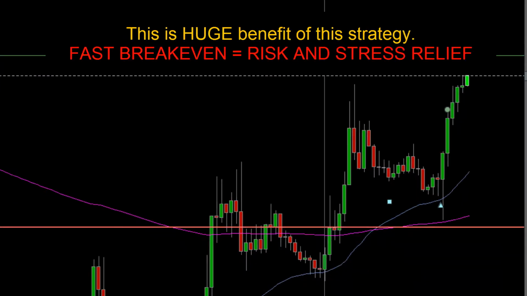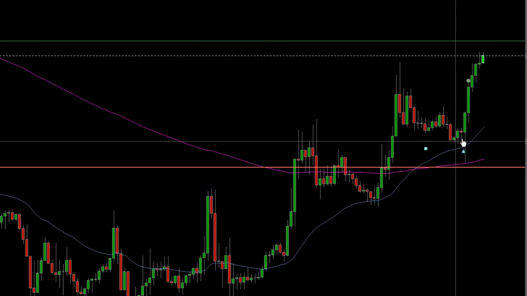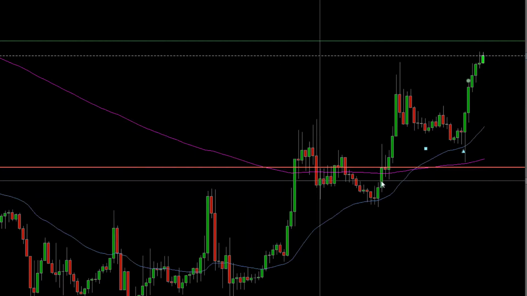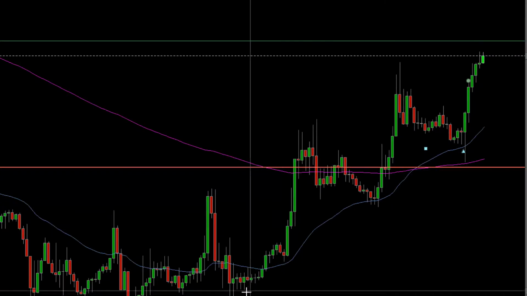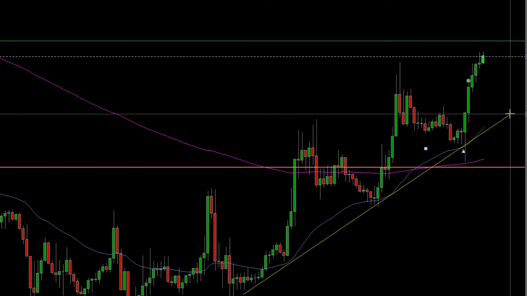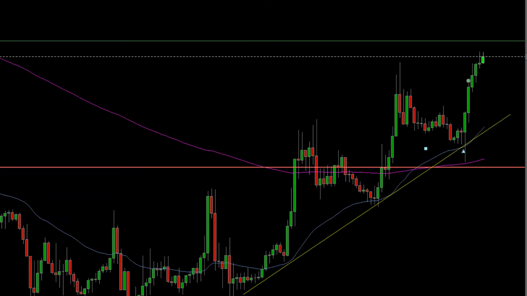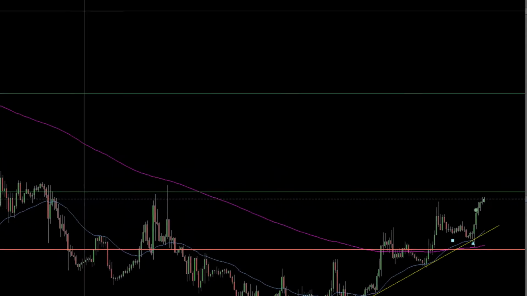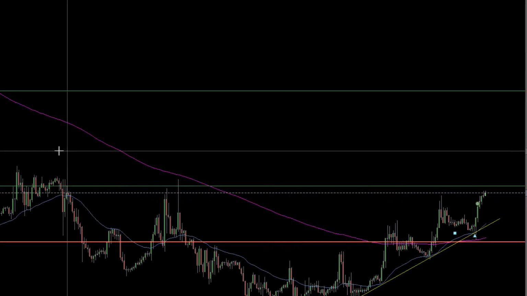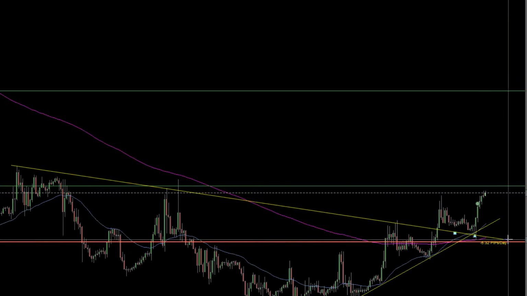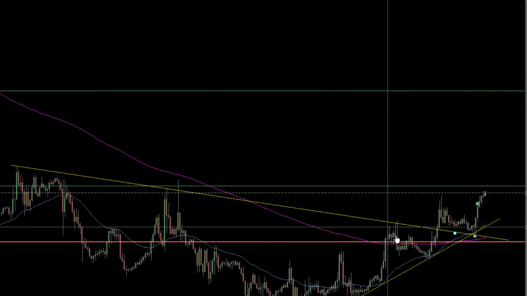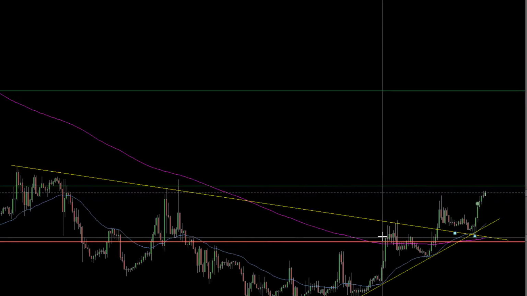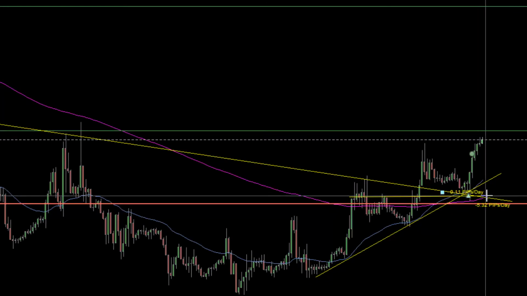So again, EMA 36 acting as a support, EMA 200 acting as a support, trend line acting as a support, broken trend line, which was acting as a resistance, broken, acting as a support, previous structure, recent swing, resistance, broken, acting as a support.